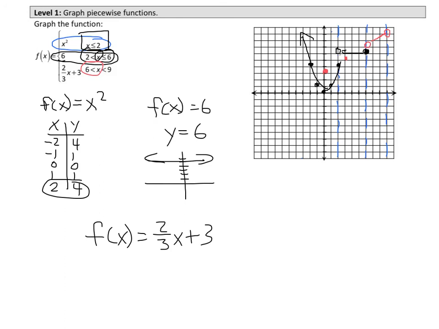I guess I should go back to black here. Black, open dot. Let me redo. Okay, open dot, connect. And then I'm going to go back and erase these red dots because I don't want to keep those.